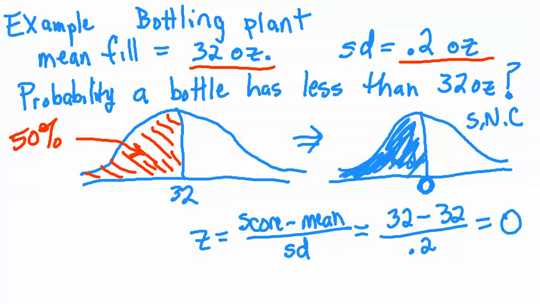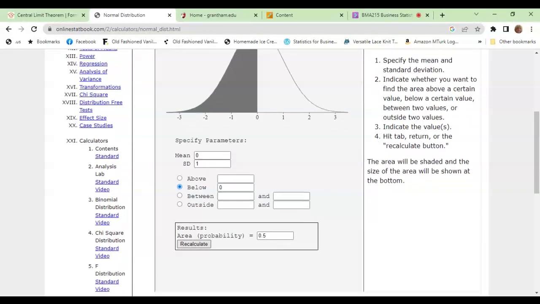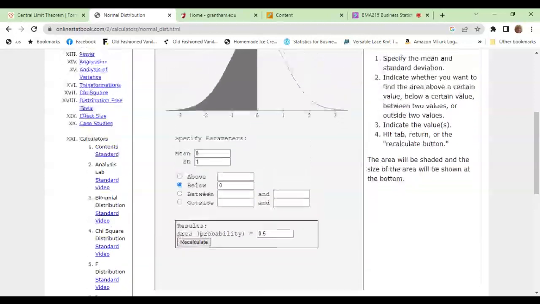So you still have to go to the calculator. Sorry, all this jumping around, but go to the calculator and you leave the mean as 0 and the standard deviation 1. We're back to the standard normal curve. We want it below 0, which was our z-score, and we get 0.5. We get 50%. So that's more work.